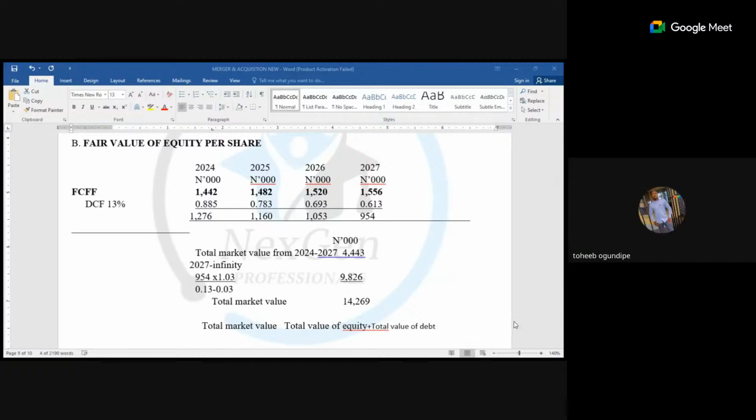The corporate value. But the examiner says the value of equity, not the total market value of the company. You use 13% to discount. This 13% includes equity and debt.